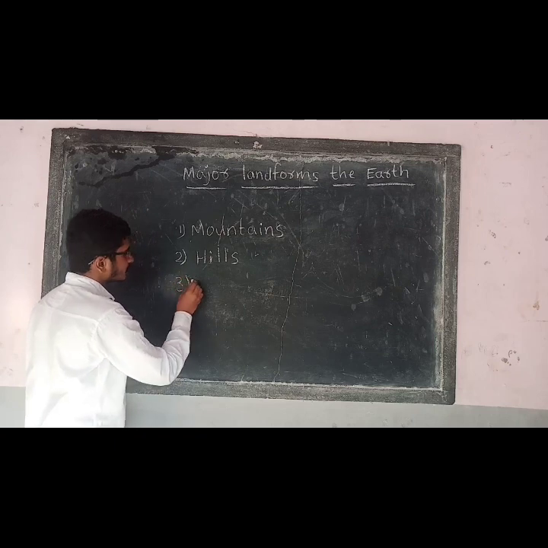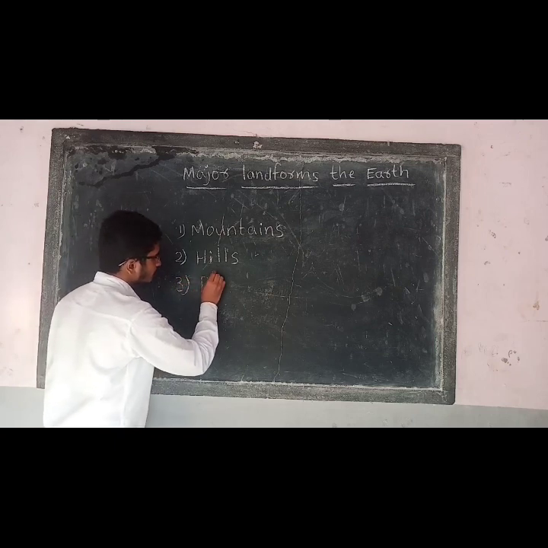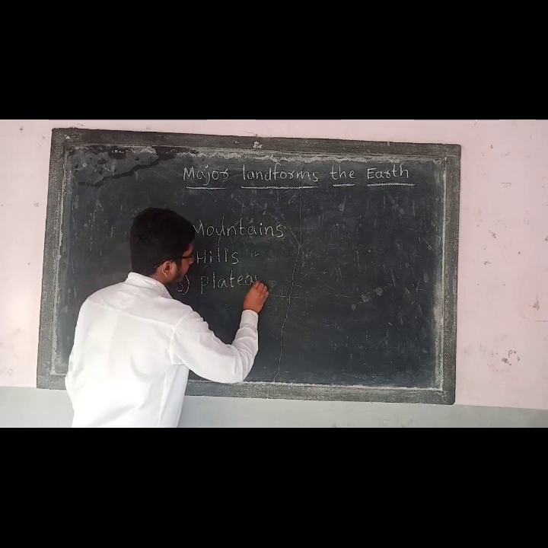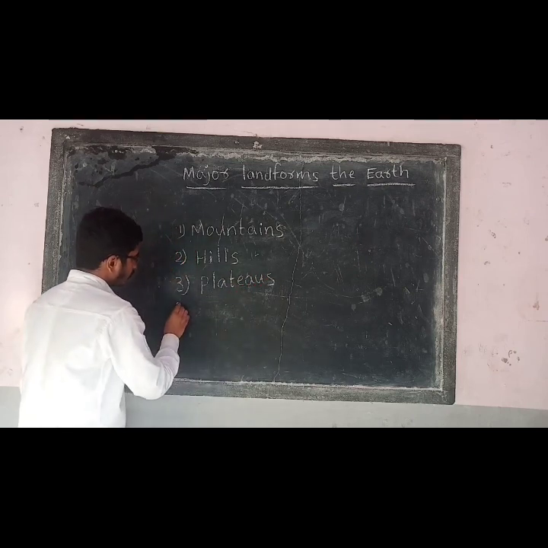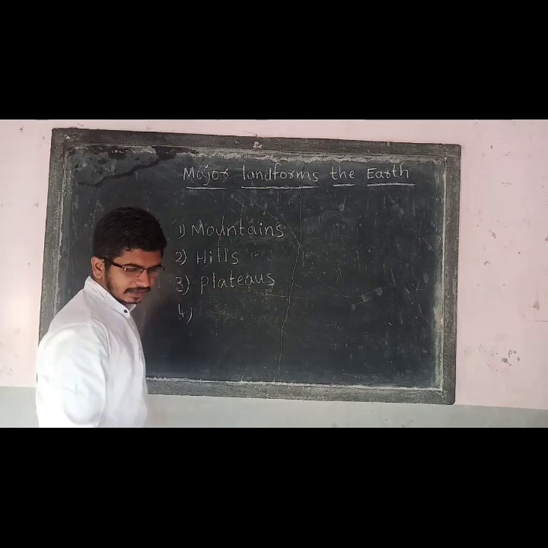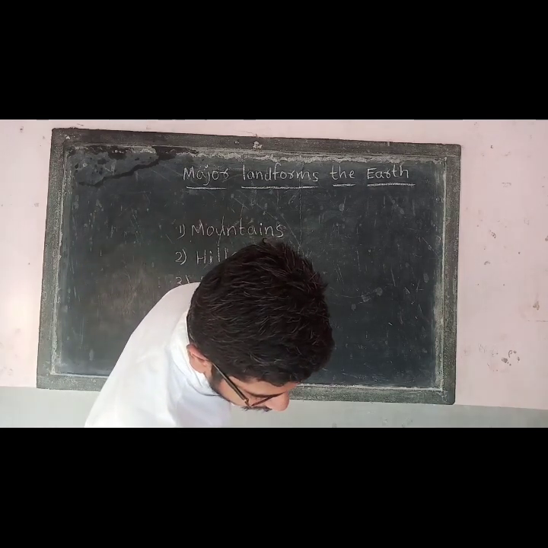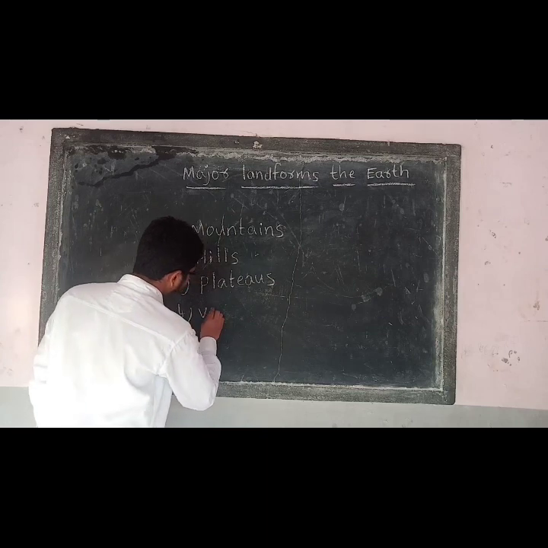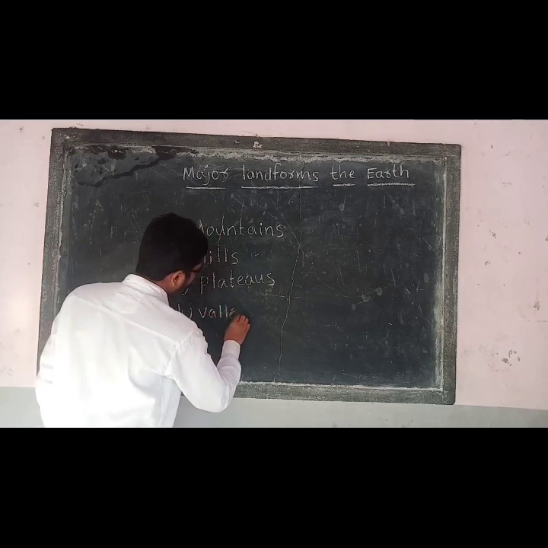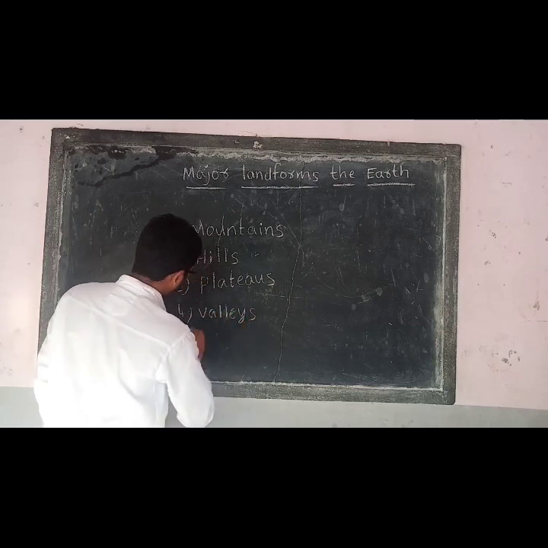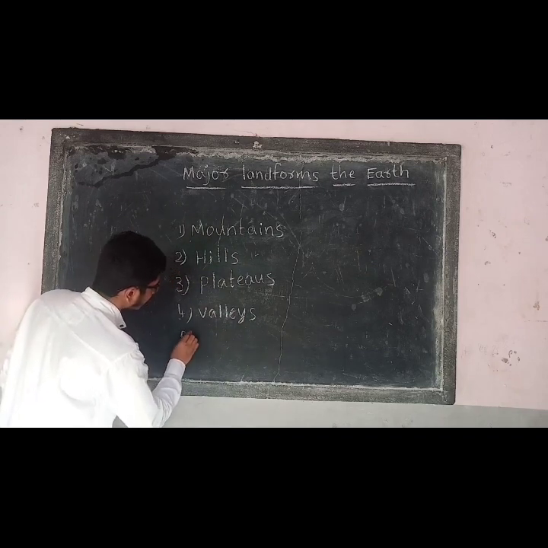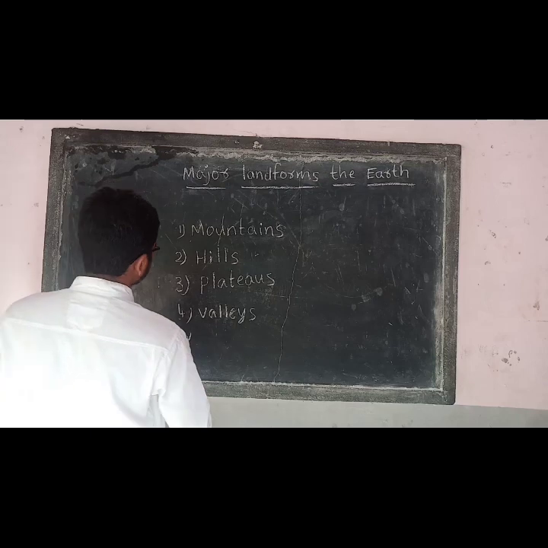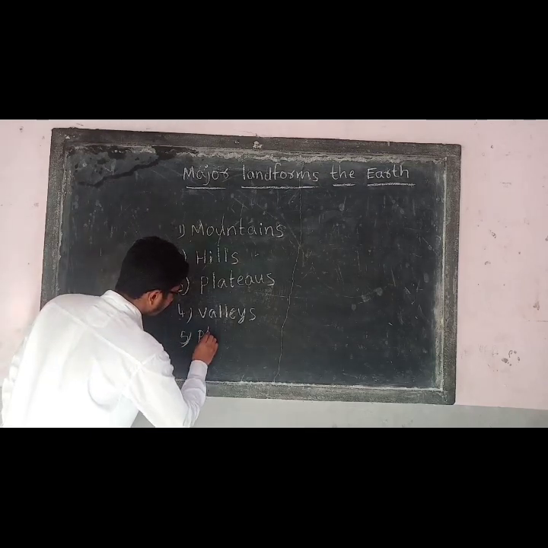Third one is plateaus. Fourth one, many things are there, but here we can take valleys. Next, fifth one we can take plains.